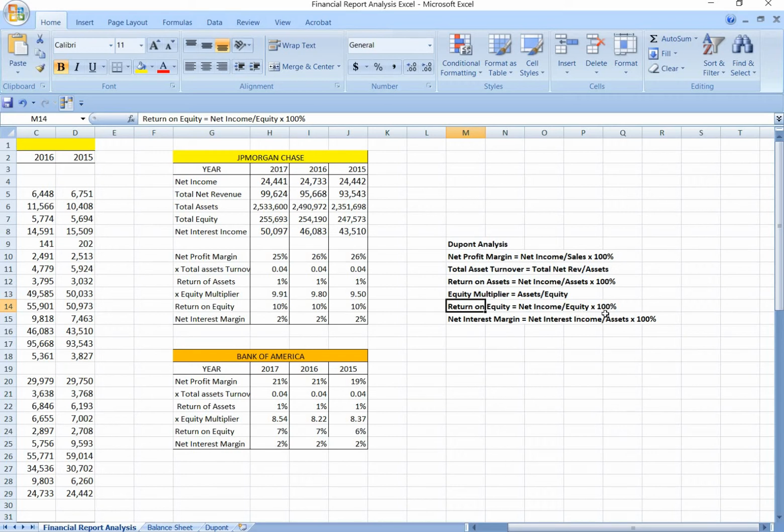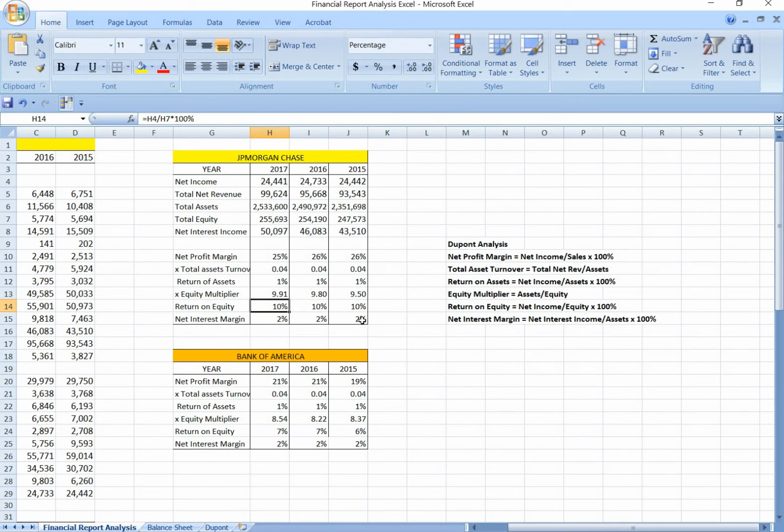Because shareholders' equity is equal to a company's whole asset minus its debt, ROE is basically considered the return on net asset. Let's see on the table here. The percentage is the same year after year, nothing changed. 10%, 10%, 10%. We can always see the formula on every column.